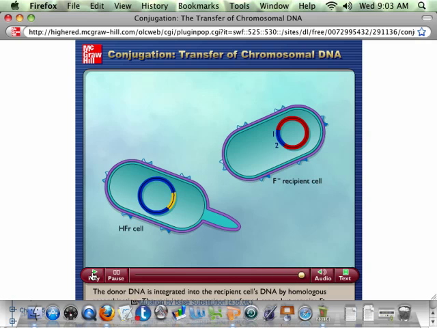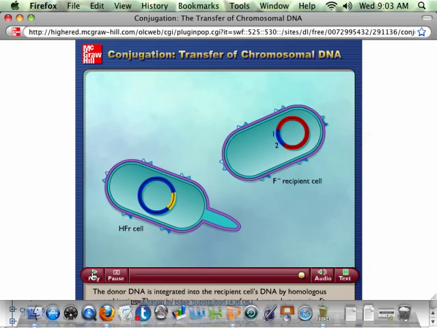Okay, so this is a little bit different than just the transfer of the plasmid, which would make the entire population F plus. First of all, the entire plasmid is always transferred in completion. It's a much smaller fragment of DNA, so by the time the cells pull apart, the entire plasmid DNA is in the recipient cell.